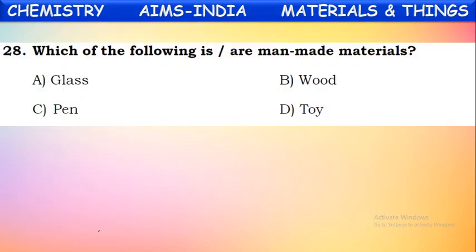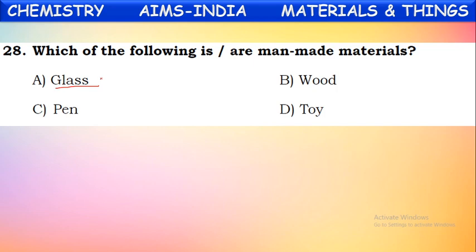Next question. Which of the following are man-made materials? See the given materials: glass, wood, pen, toy. Out of these, which are man-made and which are natural? Glass is a man-made material.